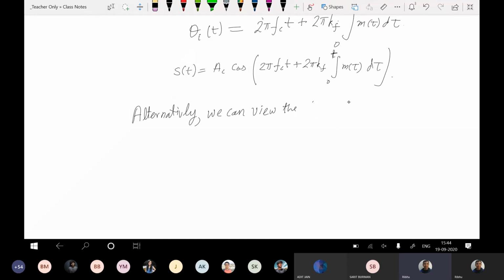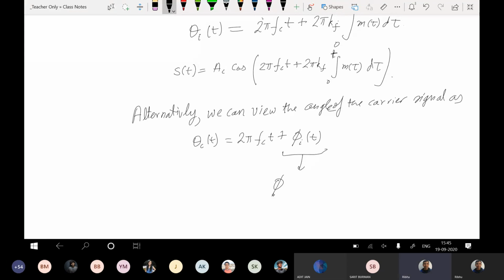And alternatively, we can view the angle of the carrier signal as theta_c(t) equals 2 pi f_c t plus phi_i(t), where phi_i is the initial phase.